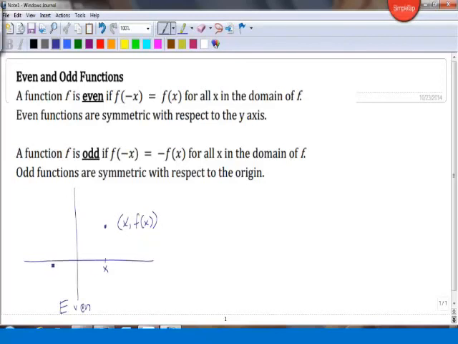So let's go over here and try to figure out what point I've got to plot with an x-coordinate of negative x. Somewhere I've got to plot a point, negative x, f of negative x, and according to that, the y-coordinate of that point is exactly the same as the y-coordinate of this other point that I just plotted.